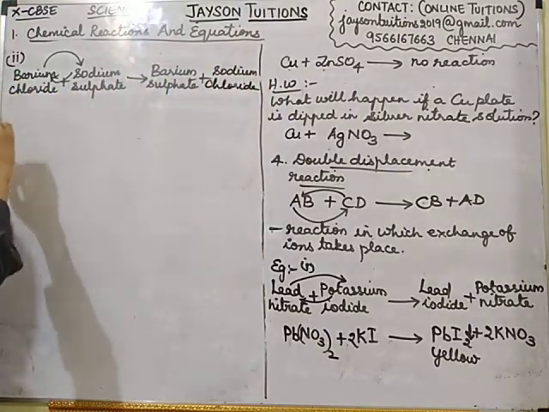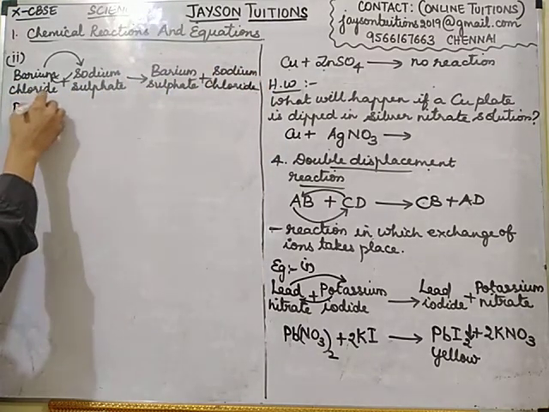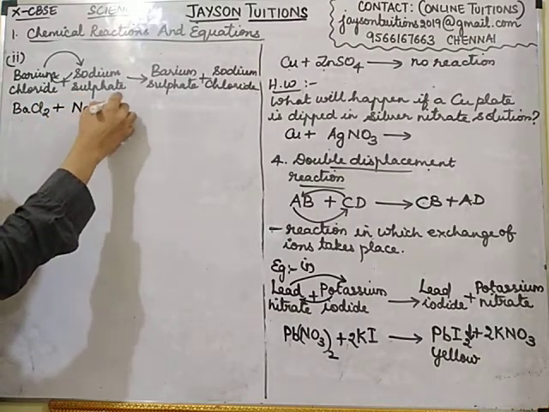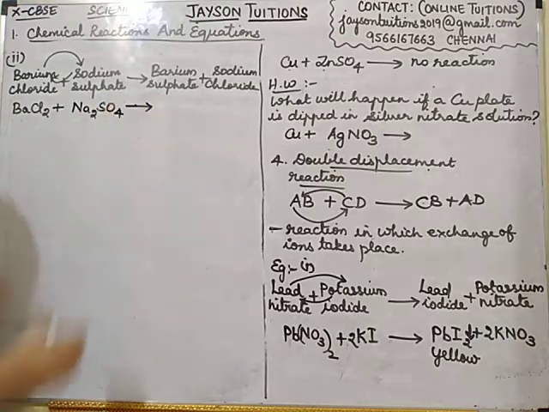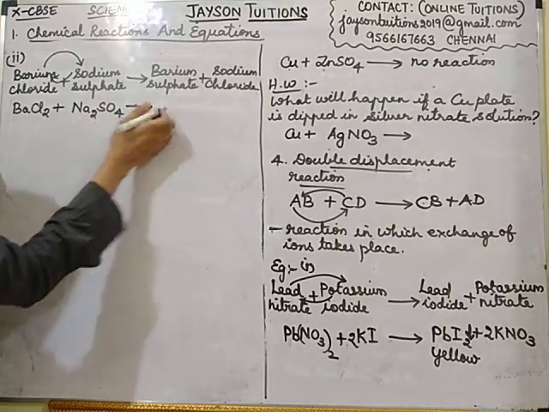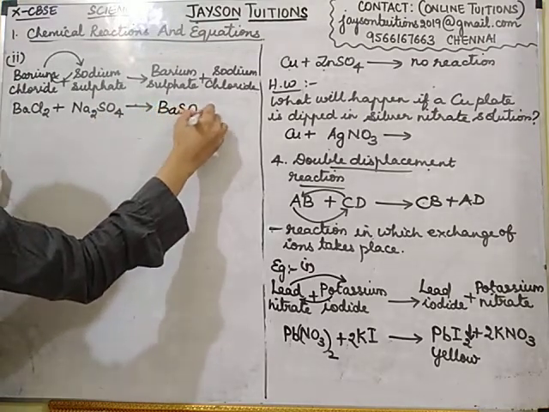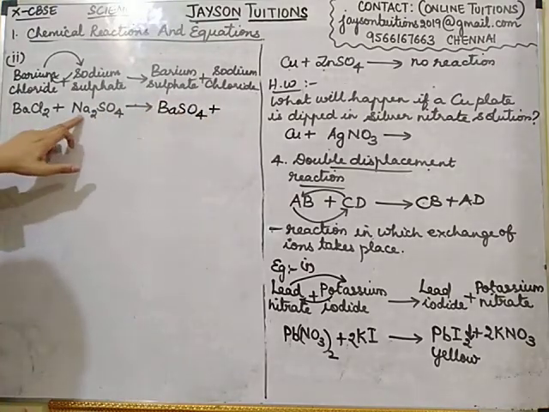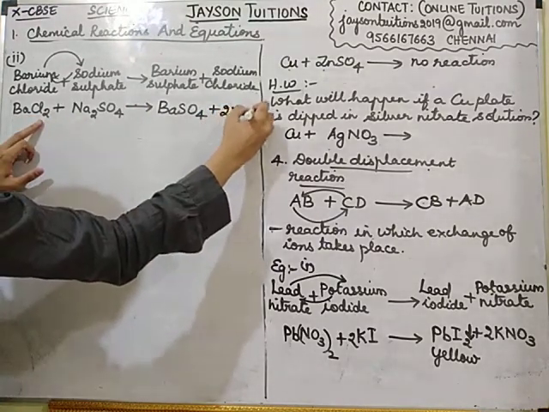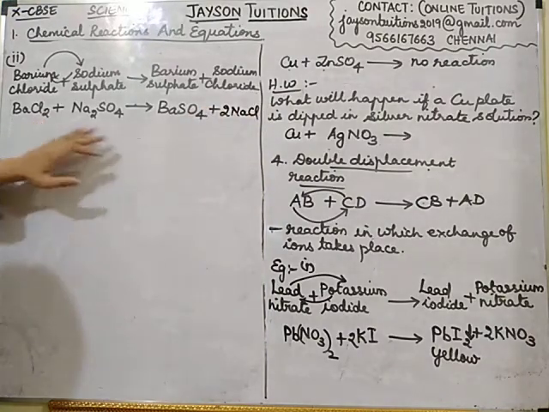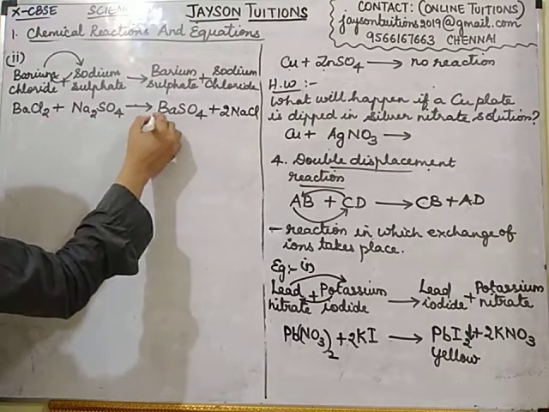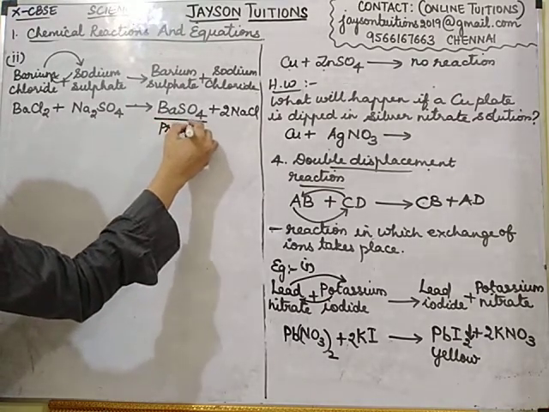Barium chloride, the formula is BaCl2, plus sodium sulfate, Na2SO4, gives barium sulfate, BaSO4, plus sodium chloride. 2 sodium and 2 chlorine are there, so you will get 2 NaCl. This is another example for a double displacement reaction. The barium sulfate is the precipitate here.